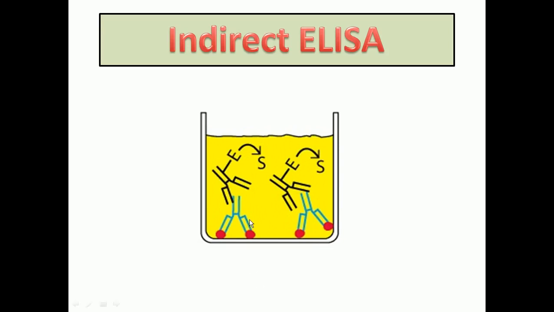If the first antibody were attached to the enzyme and gave us the result, it would be termed direct ELISA. But as this process continues with two different antibodies and the second one is enzyme linked, it is termed indirect ELISA, because the enzyme substrate reaction occurs via the primary antibody.